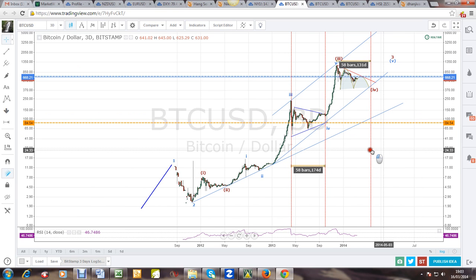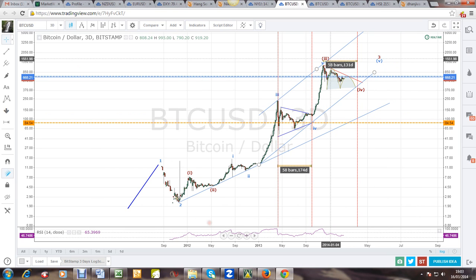So it's in a wave 4 formation, because starting from this cycle low here, from the way that I'm counting, I think that this is wave 1 in bracket, wave 2 in bracket, and then this is wave 3 in bracket, and within that wave 3 in bracket you see 5 clear waves. You see 1, 2, 3, 4 and 5.